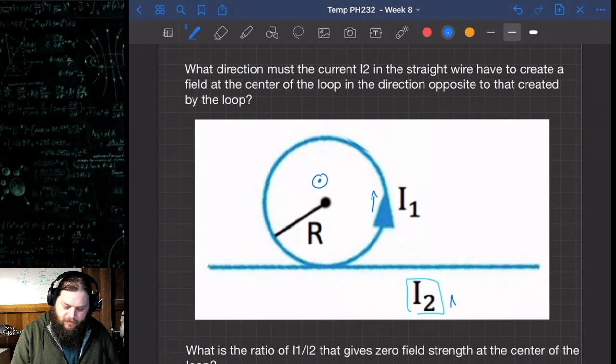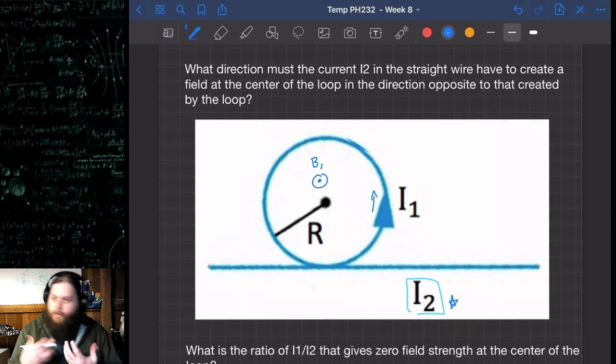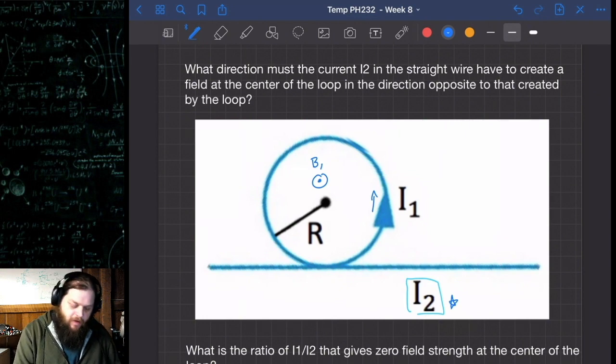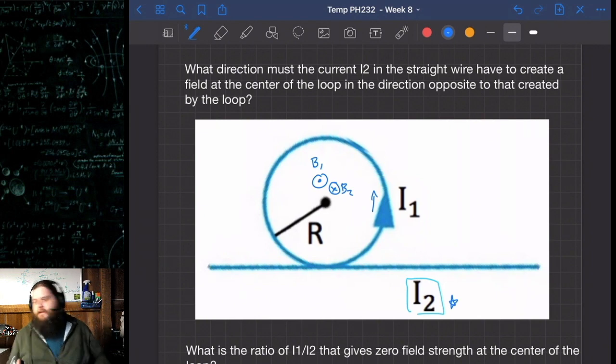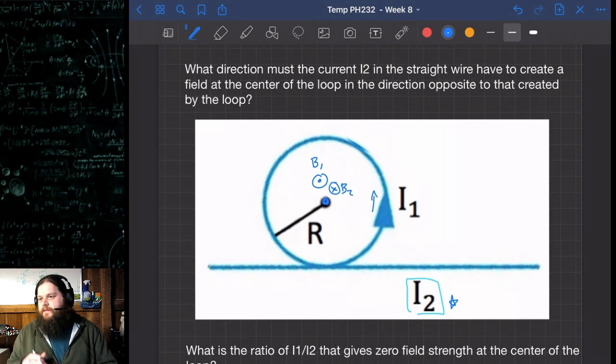So to counteract that, we need to generate a magnetic field of the same magnitude but going into the page from I2. So this one here is, say, B1 for the magnetic field generated by current 1, and somewhere I need to have that same magnetic field, in this case going into the page from B2. And the magnitude at the center point here of both of those two magnetic fields need to be the same.